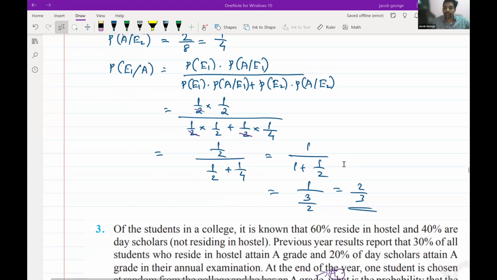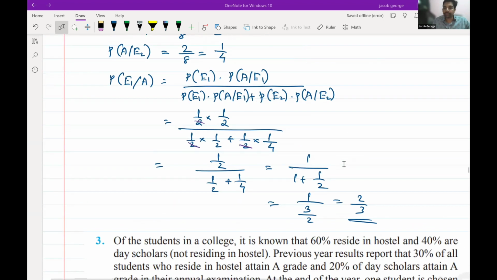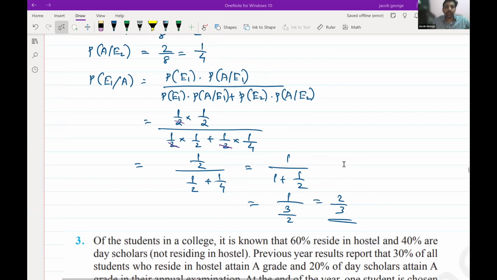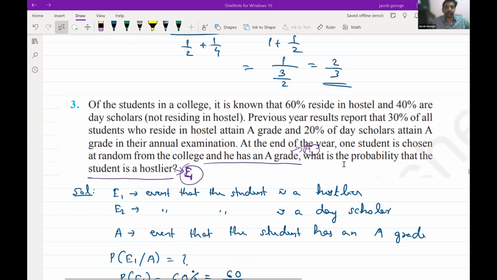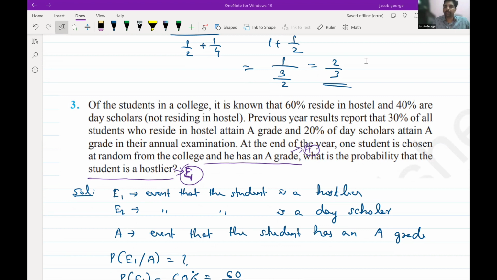Okay. Now, question number 3. Of the students in a college, this is also there in past papers, it is known that 60% reside in hostel. So that we are going to take as E1. Let E1 be the event that the student is a hostelier. 40% are day scholars.